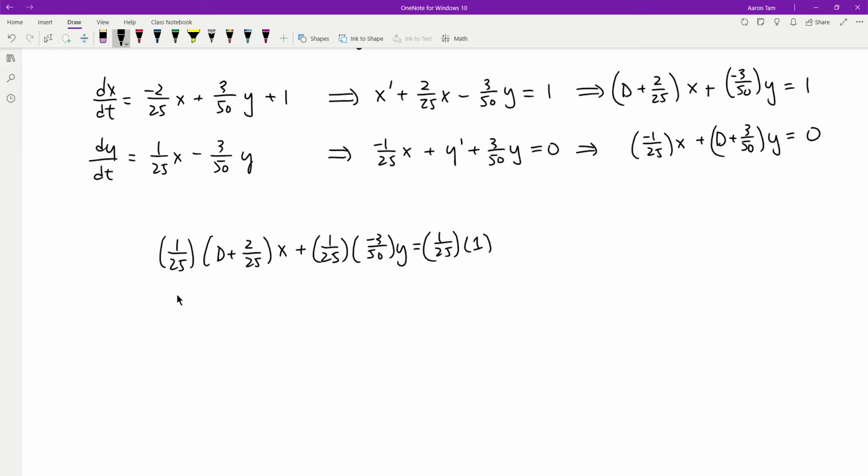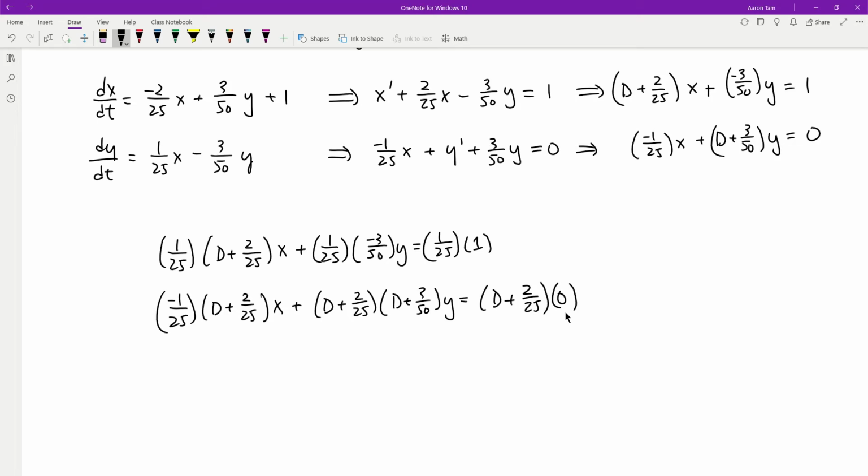And my second equation, I'm going to multiply by D plus 2/25. Well, okay, maybe I should write this just to show you what is happening.